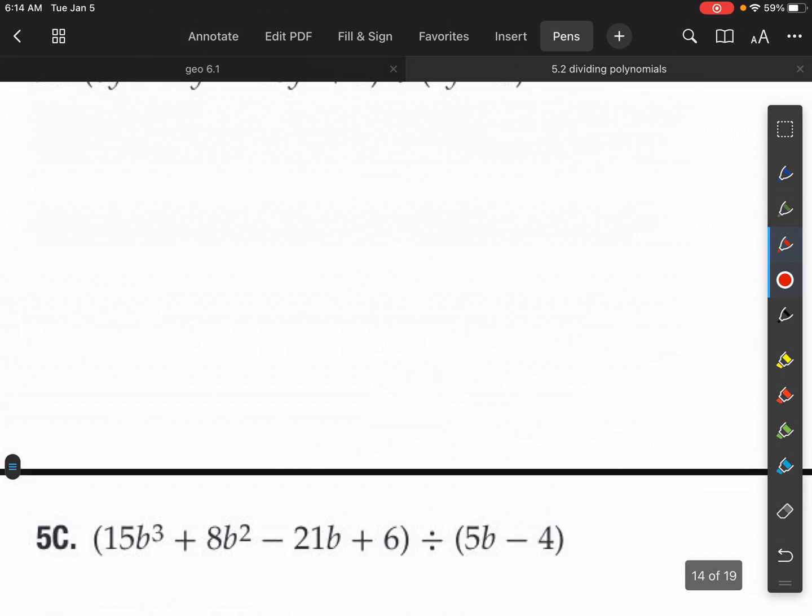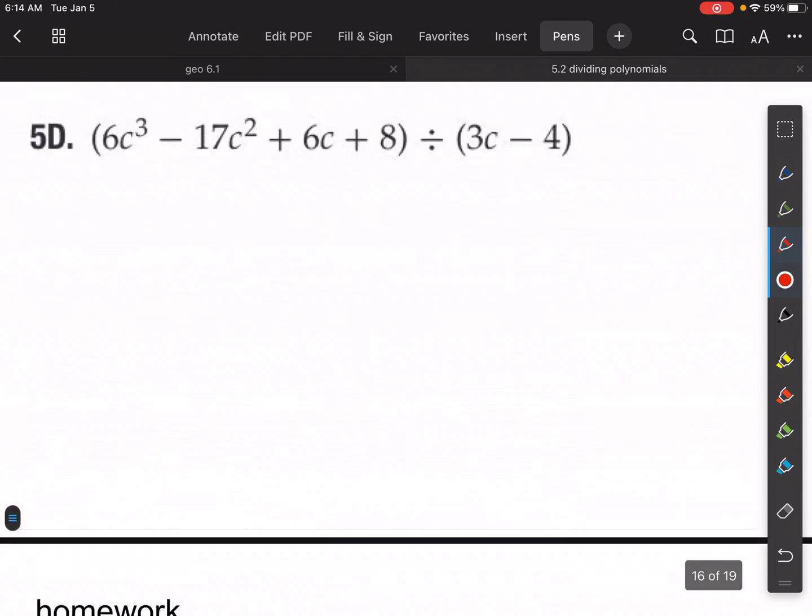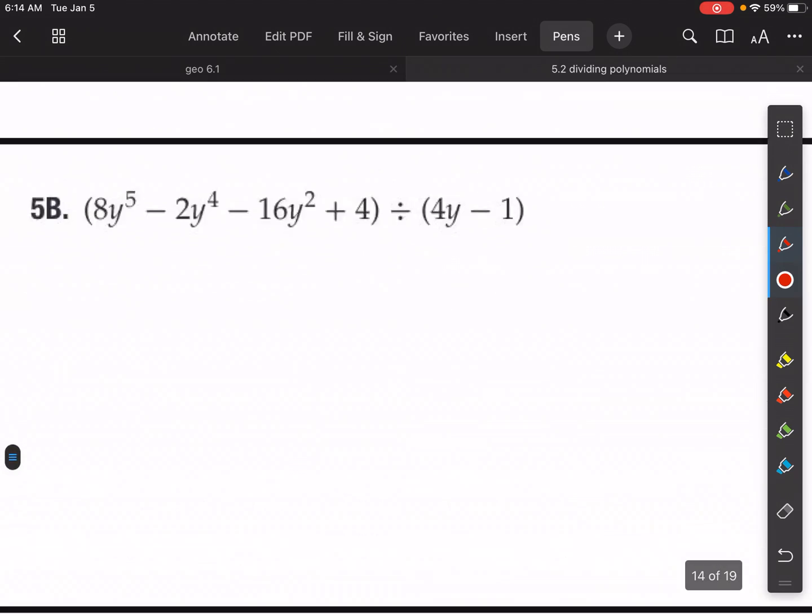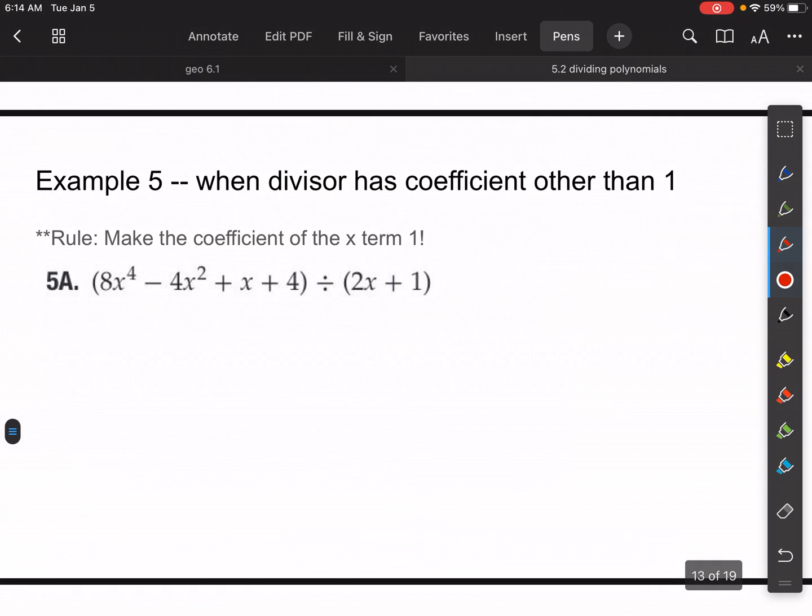Oh, and then I have to show you one more example, you guys, sorry, and then I won't do all of these, but we'll do one of them at least. What happens if the coefficient is other than 1 here? Okay, so if that's the case, we're going to make that coefficient of the x term 1.